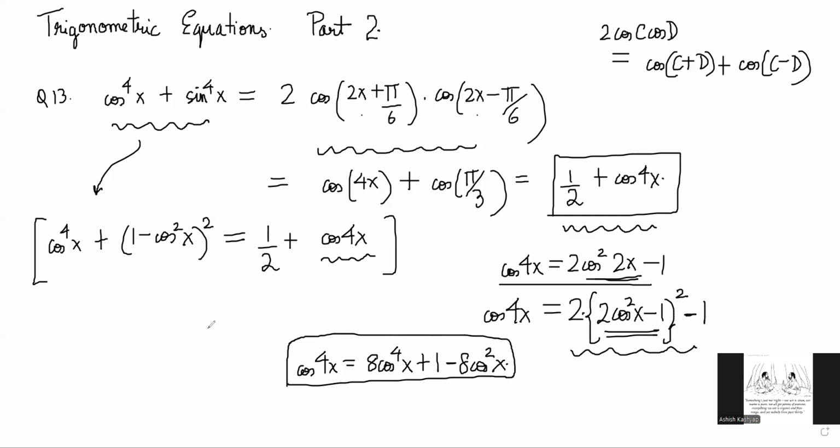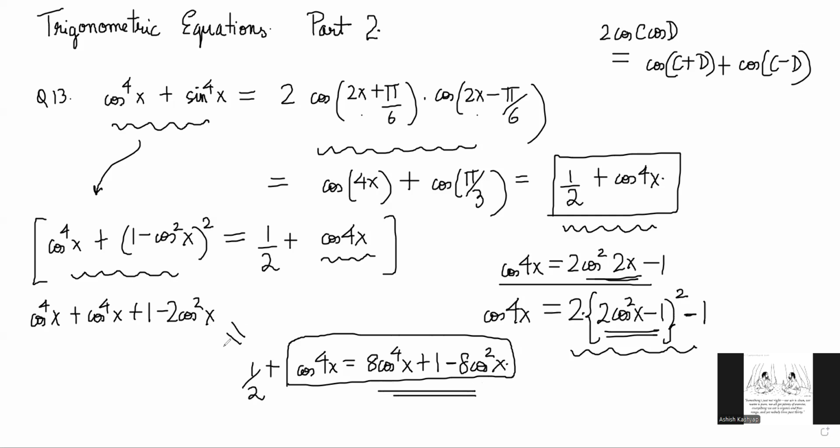Right? Yes, sir. And this side also we are getting cos square x and powers. You'll get cos power 4x plus cos power 4x plus 1 minus 2 cos square x is equal to half plus this stuff, right?